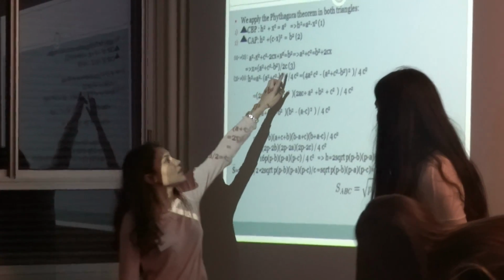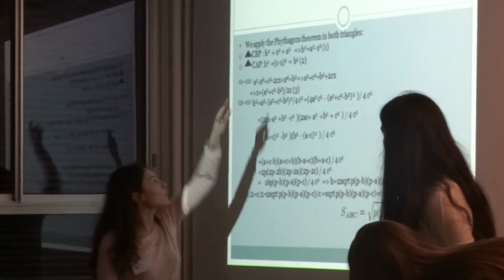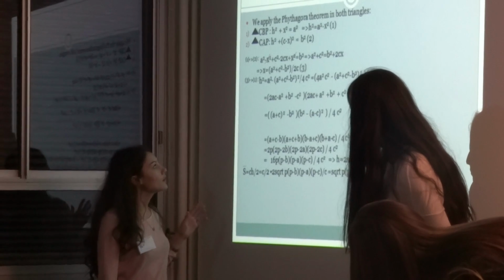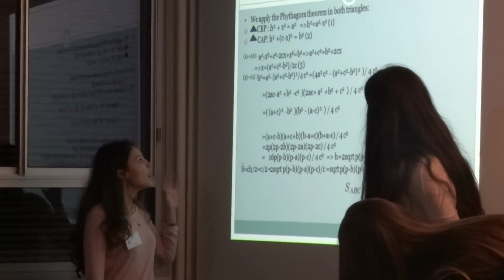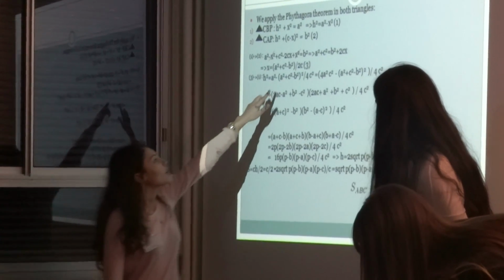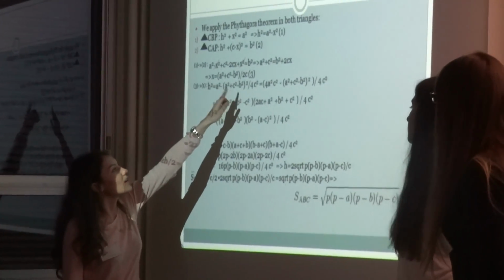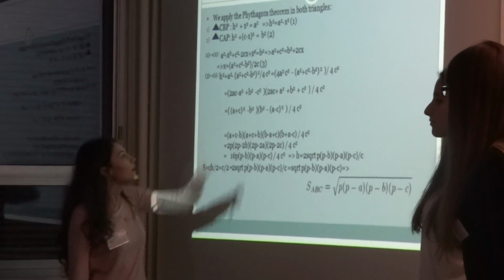Now we substitute the third relation in the first one, and we get h squared equals a squared minus (a squared plus c squared minus b squared) all squared divided by 4c squared.